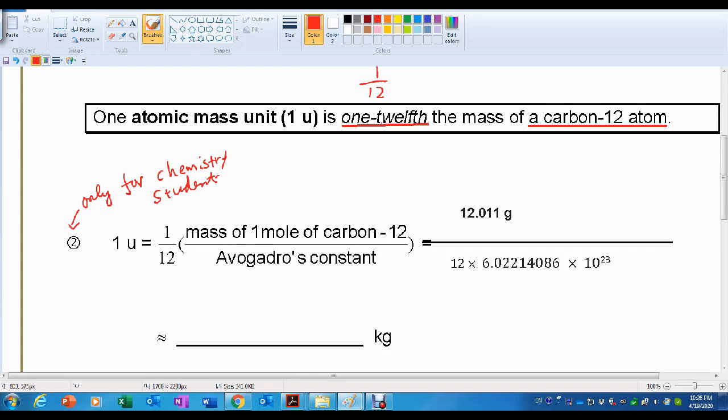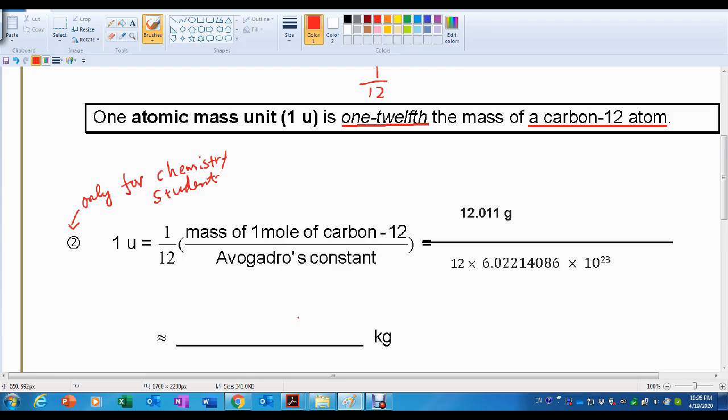Okay, and how could we calculate that 1 U? Because that's 1/12 of a carbon atom, we use 1 mole of carbon atoms divided by the Avogadro constant. So the Avogadro constant means the number of atoms in 1 mole, right?